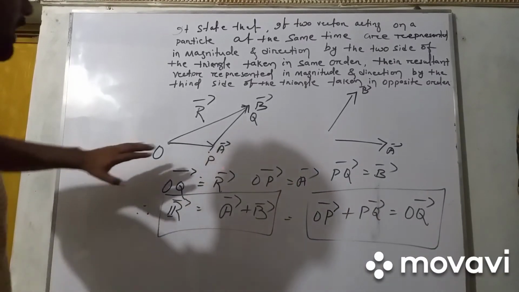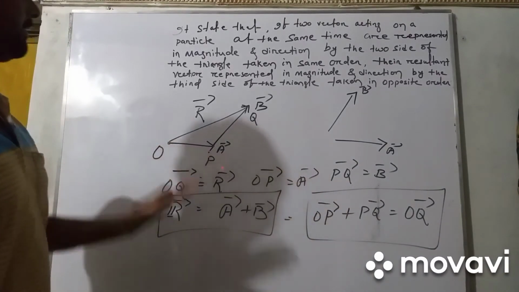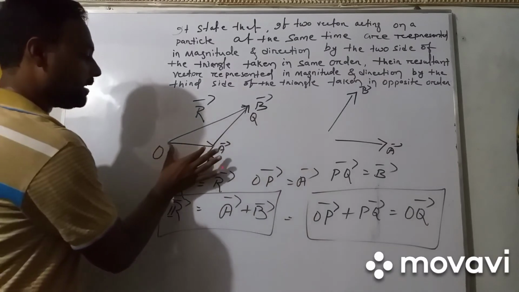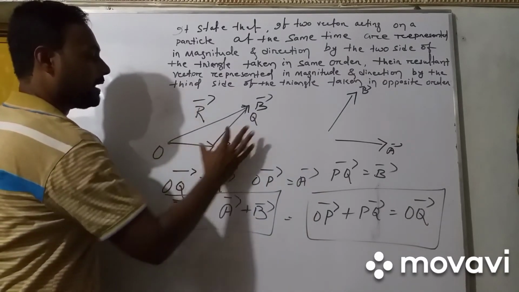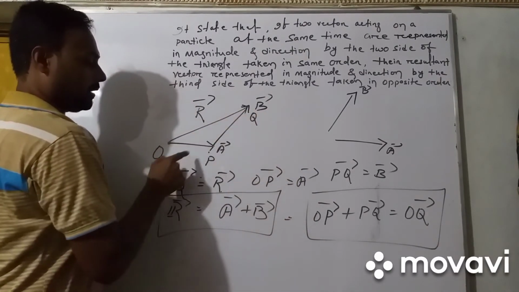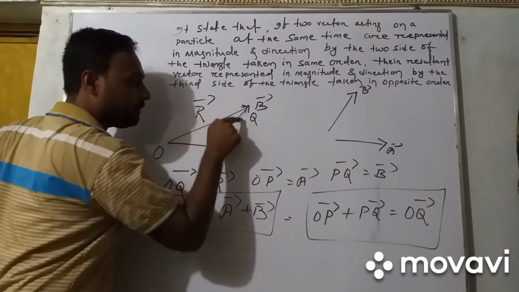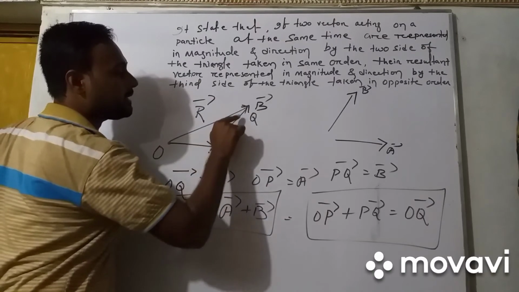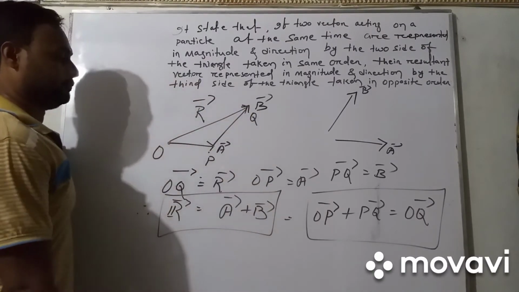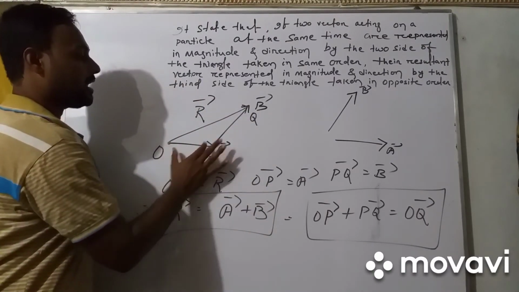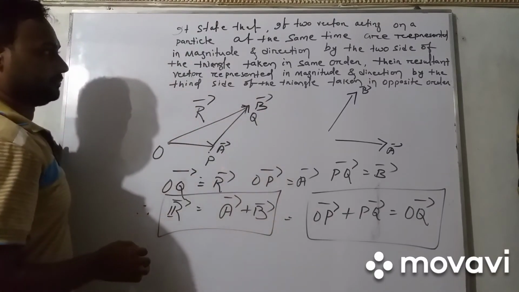So from the above diagram we noticed that this is the A vector and this is the B vector. The head point of the A vector is connected to the tail of the B vector, so they are represented in the same order.